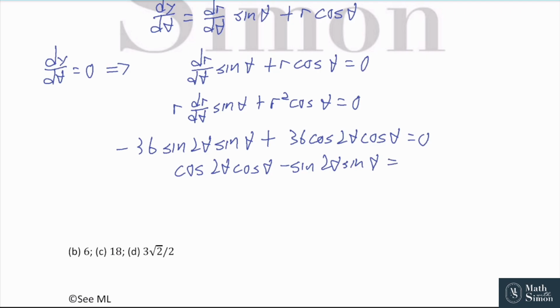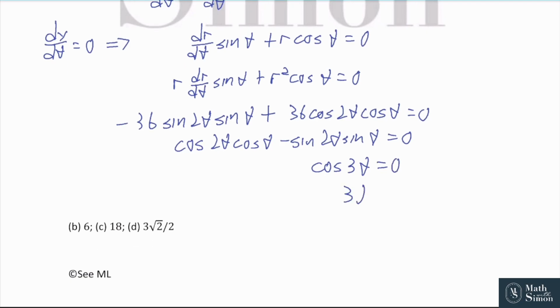And we are so happy to see this expression here. This is our cos of A plus B, cos A cos B minus sin A sin B, our compound angle formula. Basically, this is just cos 3 theta that equals 0.